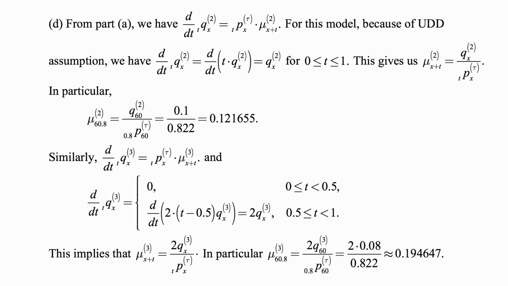Similarly, d over dt of tqx upper 3, third decrement, that's tpx tau times mu 3, and the derivative of tqx3 is equal to 0 for t between 0 and 0.5, and then the derivative of the formula we were given, which ends up being 2 times q3 for t between 0.5 and 1.